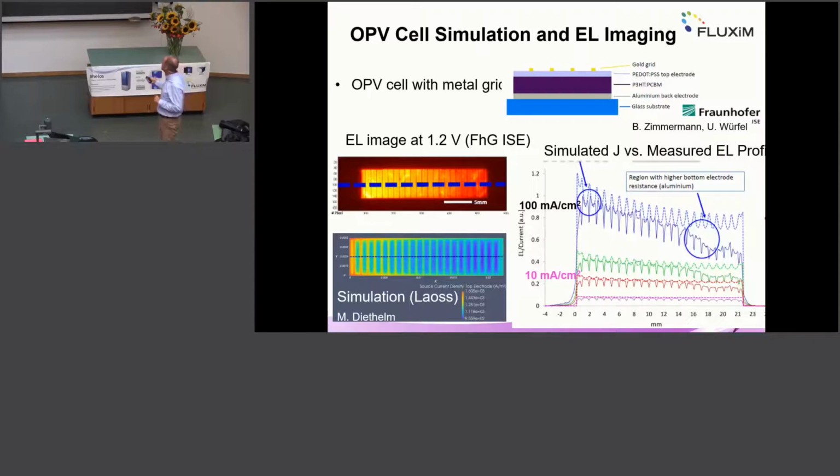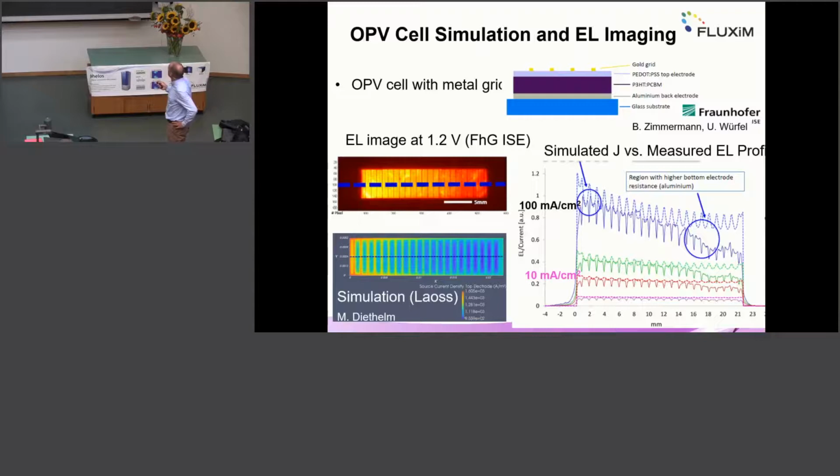Now this image that you see on the left is an electroluminescence image, where the electroluminescence of the solar cell is emitted and detected by the camera. In this case, it's actually a visual camera, I think.